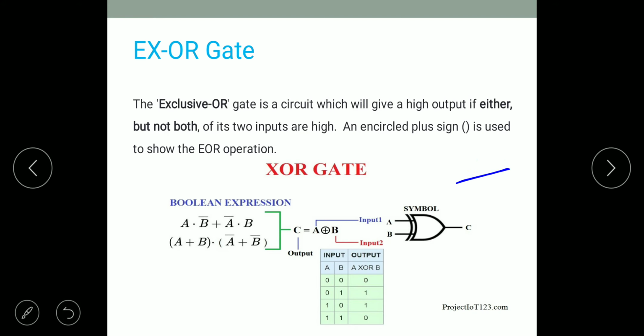We take one combination and verify using this Boolean expression. So the first combination is 0 0. Here A is 0 and B is also 0.